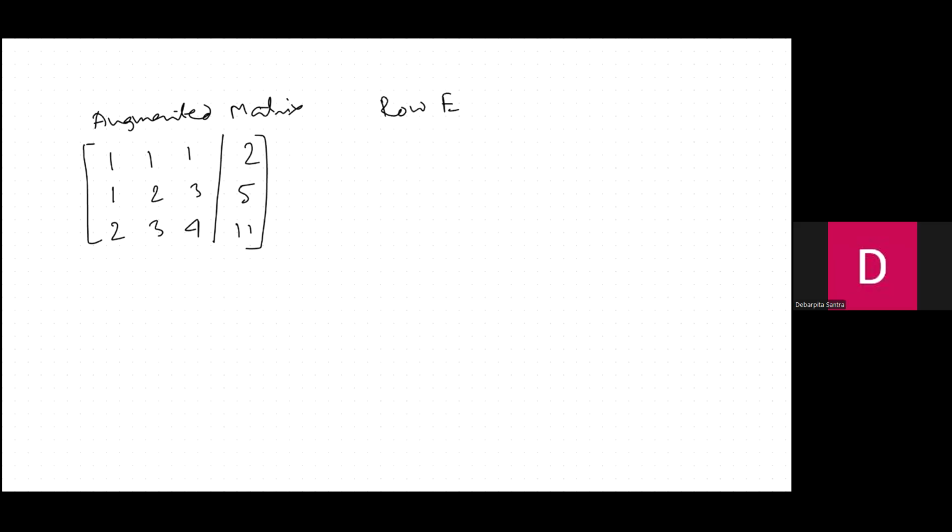Row echelon form of the matrix. So what is the row echelon form? Row echelon form is basically a form of upper triangular matrix like this. All the diagonal elements will be 1, and below the diagonal elements the values will be 0.